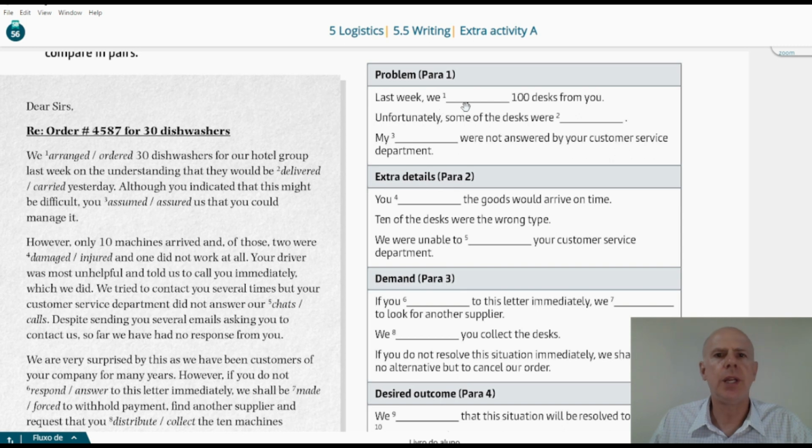Last week, we ordered 100 desks from you, right? Unfortunately, some of the desks were damaged, right? Our calls were not answered by your customer service department. My calls, because they called several times.